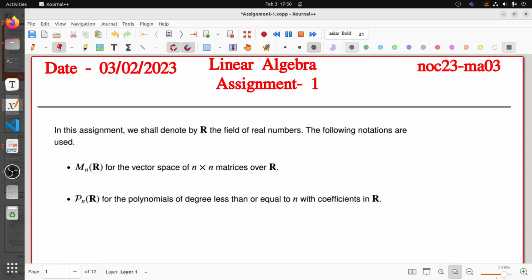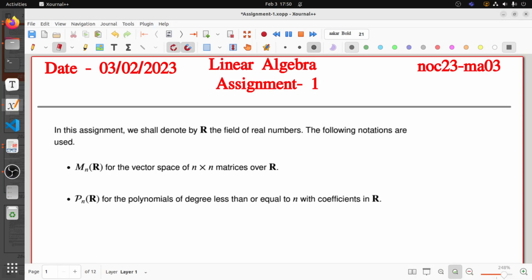Span of A equals A. Right? So we are done. So this is also true: A is a subspace of B if and only if span of A equals A.